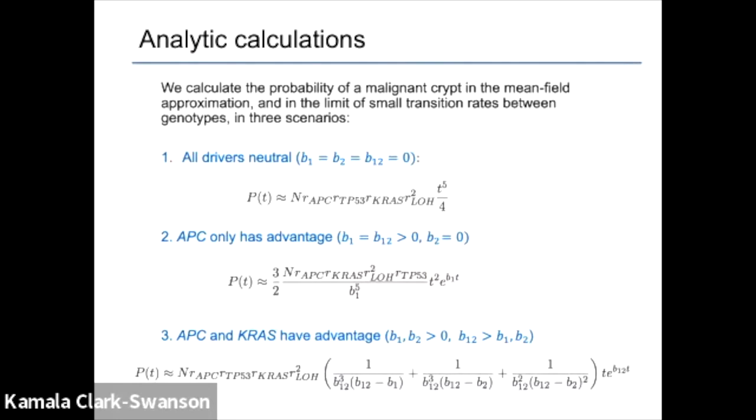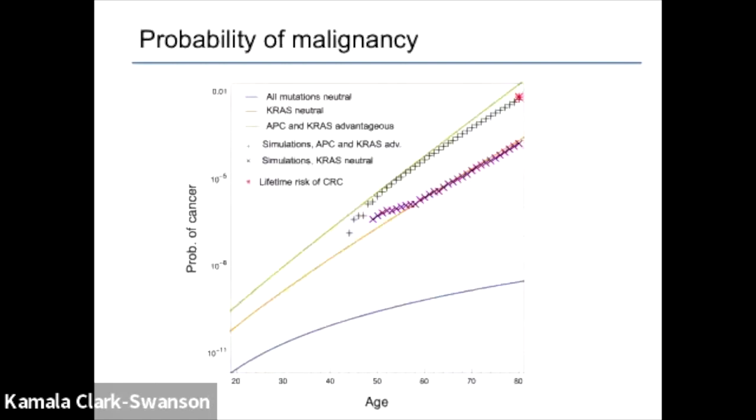And we wanted to compare these analytic approximations with computer simulations and also with some estimates of colorectal cancer prevalence in patients. Okay, so here we compare our analytic formulas, which are the solid lines, with computer simulations, which are these black pluses or X's.